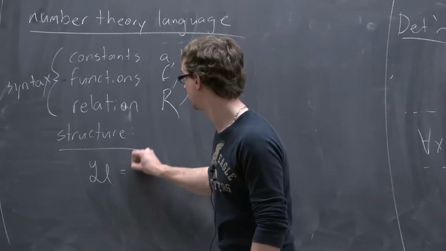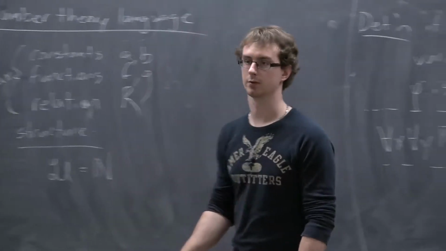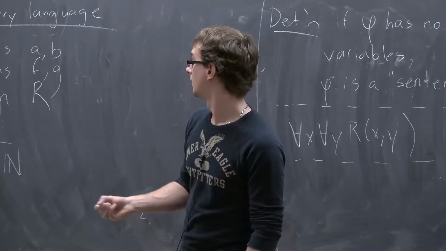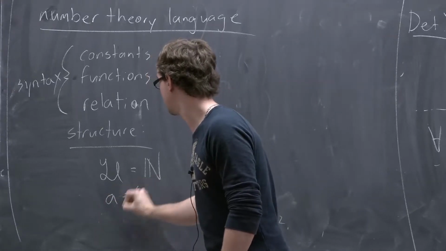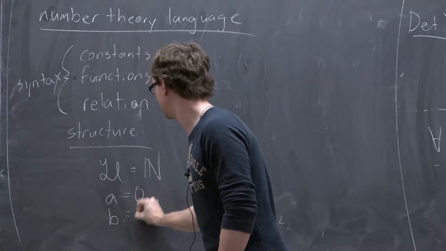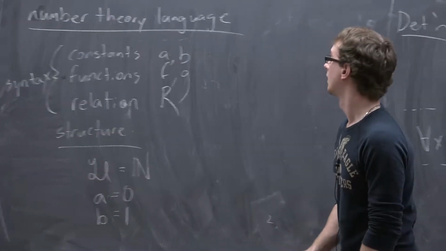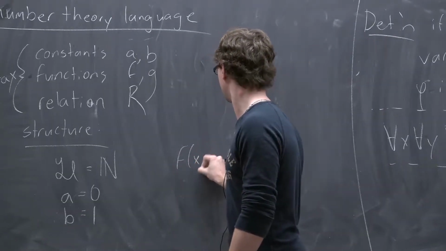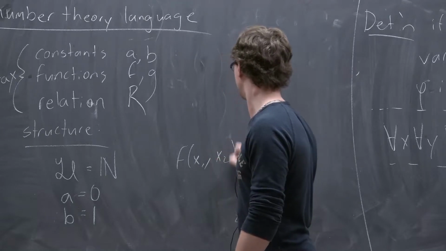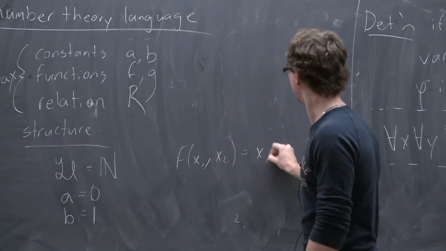Right? It should be the set of natural numbers. We've already said what A and B are. A is 0, B is 1. Then our functions are going to do what you would expect them to do.